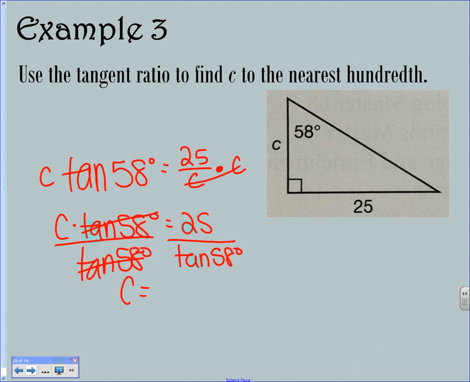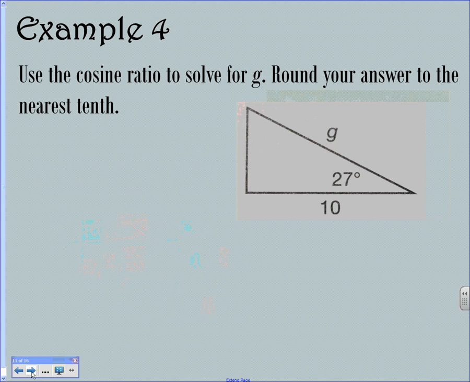So what would be the value of C? Do y'all see how that works? When you're solving for the angle, you use tangent inverse. Okay, so let's look at another one.